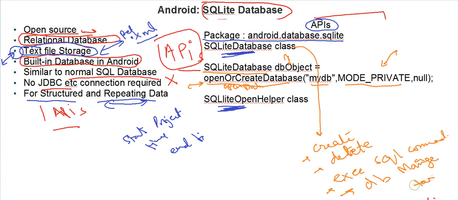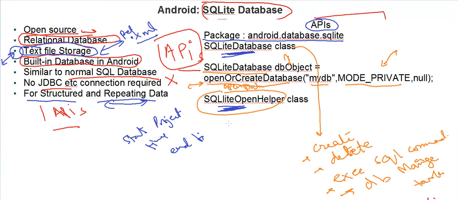And now we come to the SQLiteOpenHelper class. Why do we use this SQLiteOpenHelper class? This helper class helps to create and manage the database, and manage the updates in the database.